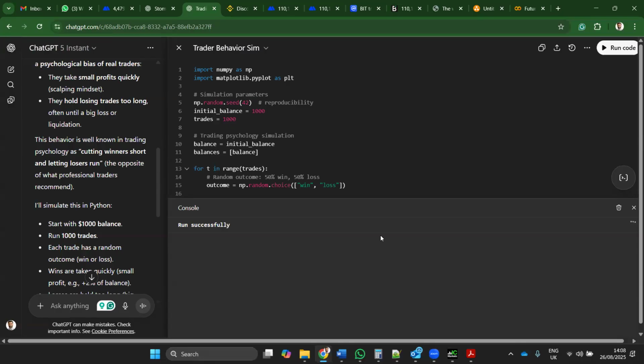So in this part of the project, we will be simulating people's behavior, and then we'll try to estimate how much money, if we have 10,000 or 100,000 traders trading on our platform and we are the broker, what are the chances of them losing their trades or us making money out of them?